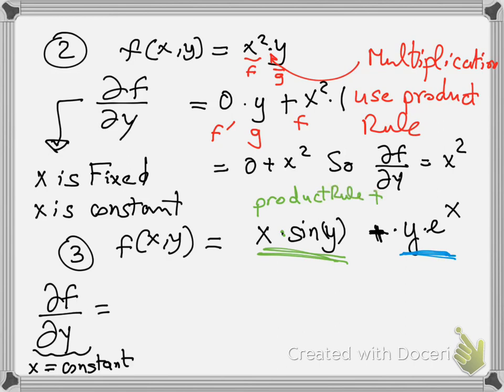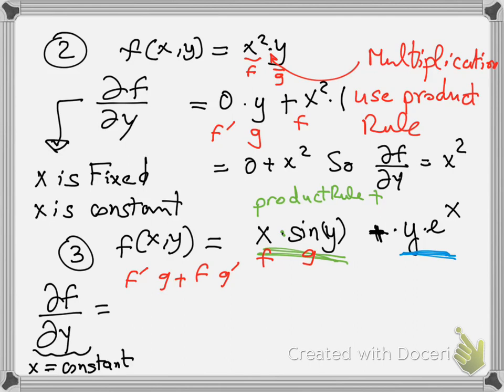So what's the derivative of x times sine y? This is like my f, and this is like my g. So I'm going to use the product rule: f prime g plus f g prime. Now, what's f prime? f is x. What's the derivative of x?